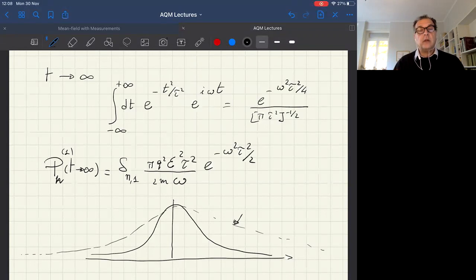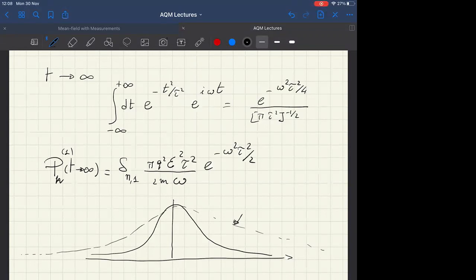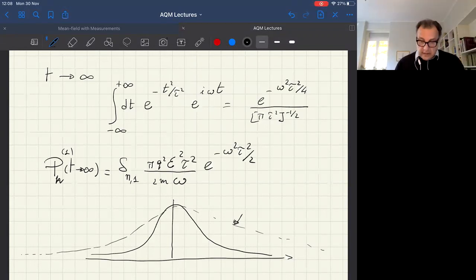Are you with me or not? Yes, we are. Very good. So you see that if the perturbation is more gentle in time, so the change in time is slower, this exponential becomes smaller and smaller.